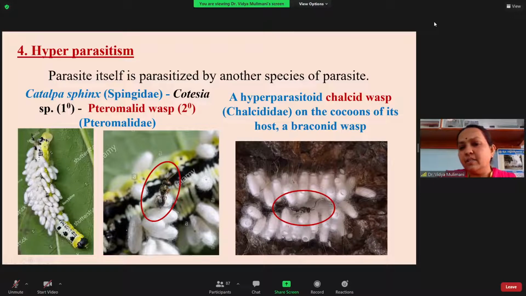Similarly, here I have given another example, a chalcid attacking the cocoon. Again a braconid pupa within the silken cocoon is attacked. This is called hyperparasitism.